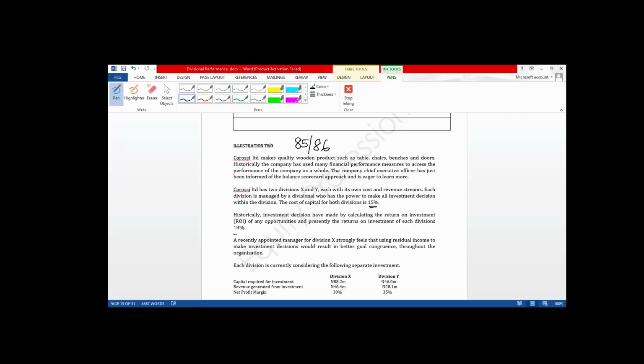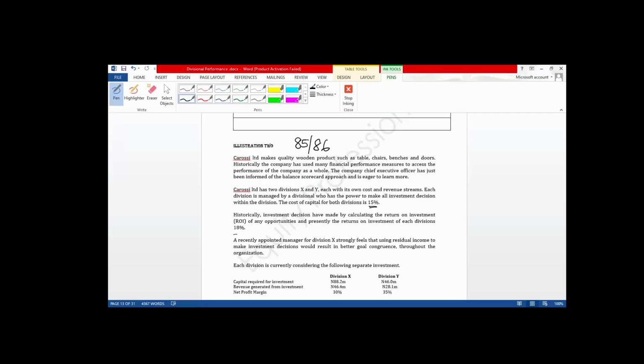Each division is currently considering the following separate investments: Division X, Division Y. Capital required for the investments is given. Revenue generated from the investment is given.